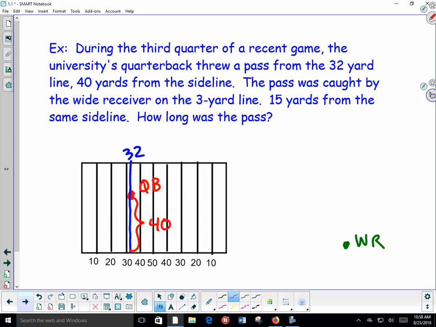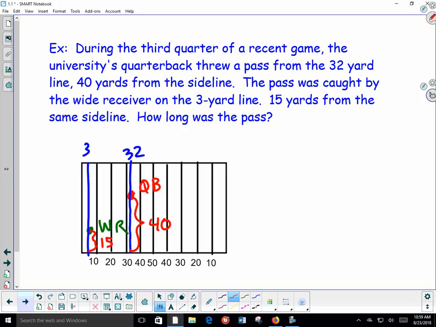All right? And then he's throwing it to the wide receiver, who is over here on the 3-yard line. So I'm drawing my 3-yard line. Let's say the 3-yard line is about here. And let's put that wide receiver here. And the wide receiver is 15 yards from the same sideline. So let's say this distance here is 15.